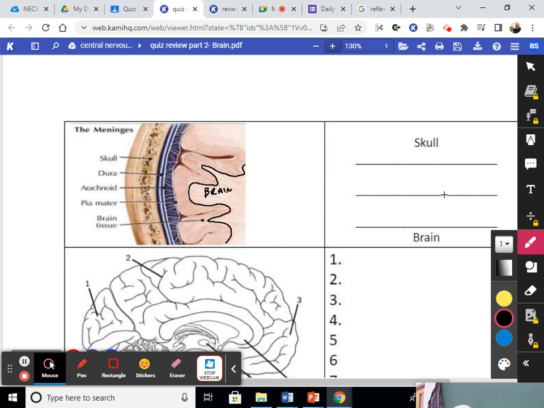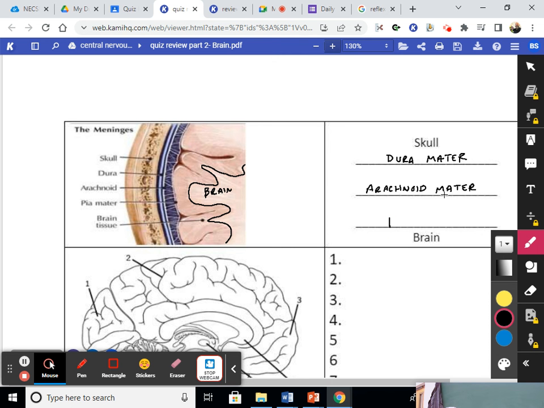But then we have some protective layers. Going from the outside in, we have dura mater. And then we have arachnoid mater.